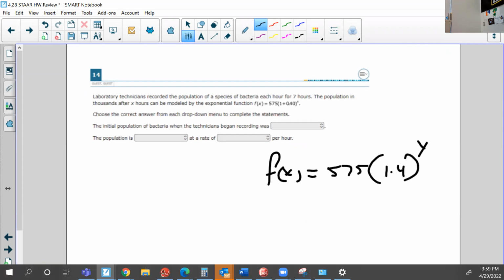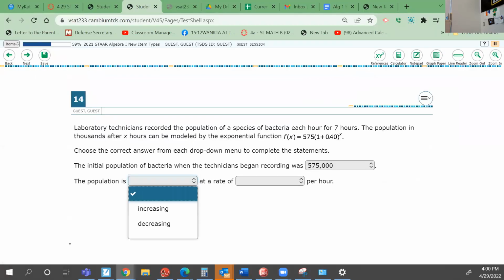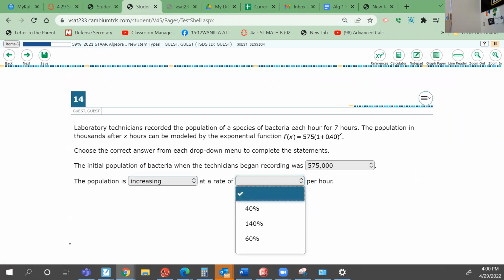So this number is greater than 1. That means it's increasing. So let's go back to this one here. It's increasing at a rate of what? 0.4, or 40%.